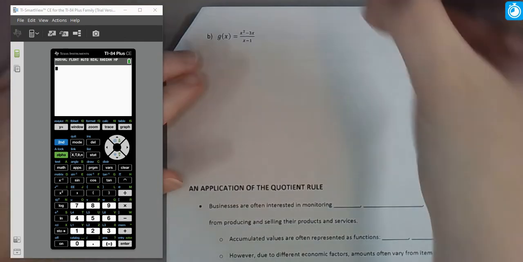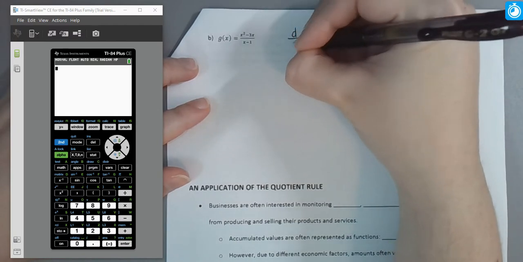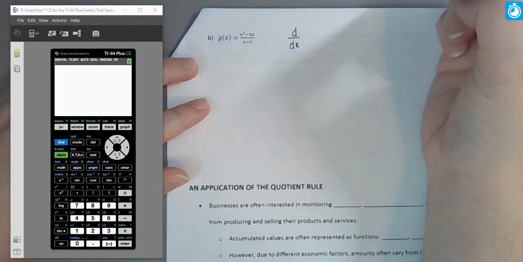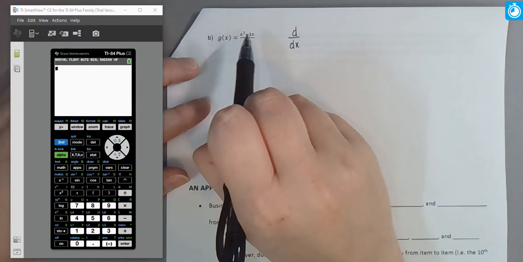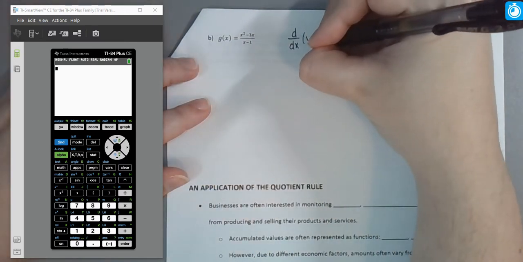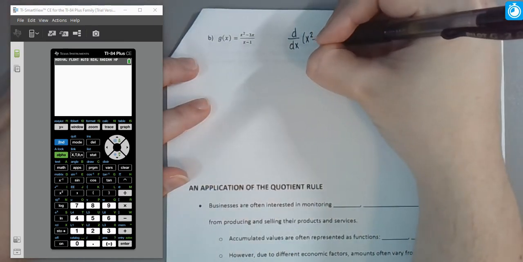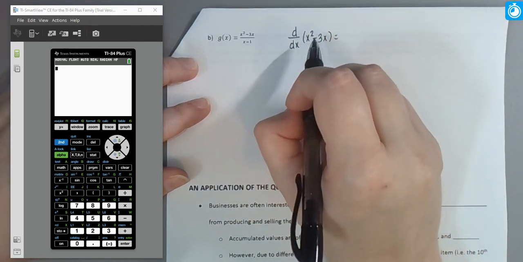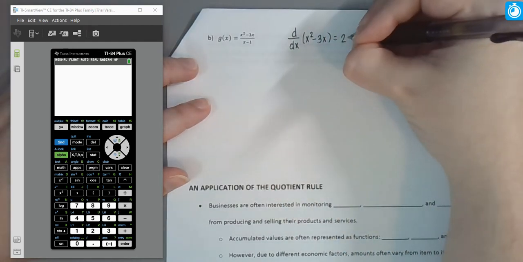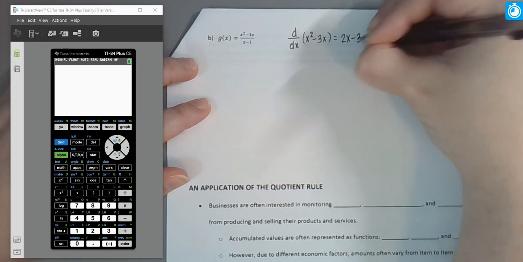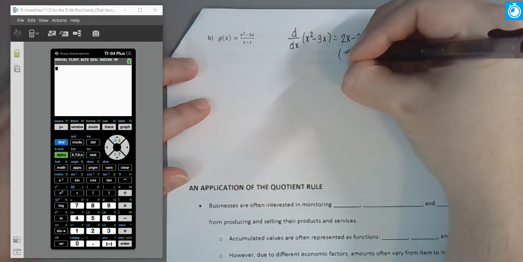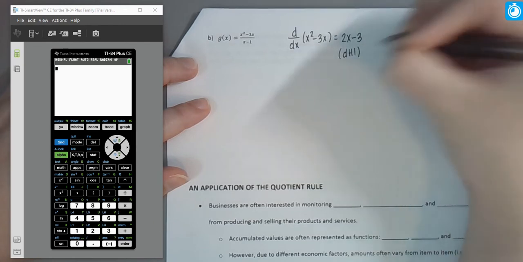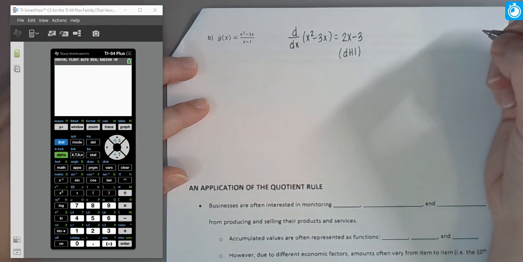We're going to start by finding the derivatives of your individual constituent algebraic operations. So the derivative of the numerator, so the derivative of x squared minus 3x. Okay, derivative of the first term is 2x. Derivative of the second term is negative 3. So this is what we'll call d high. This is our upper derivative.